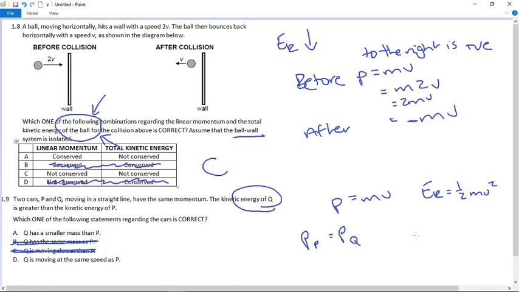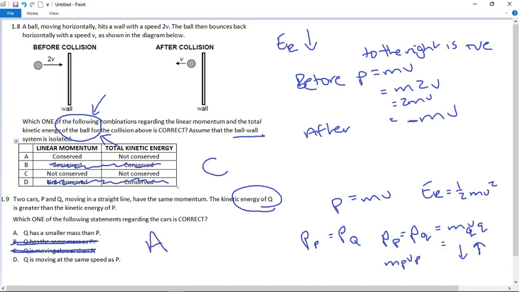The momentum of P is equal to the momentum of Q, which is equal to the mass times the velocity. So if we look at Q, if the mass of Q is smaller, then the velocity of Q will be bigger than the mass and velocity of P. So this can actually work.